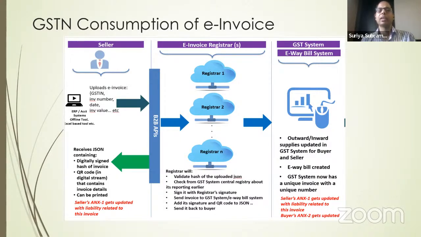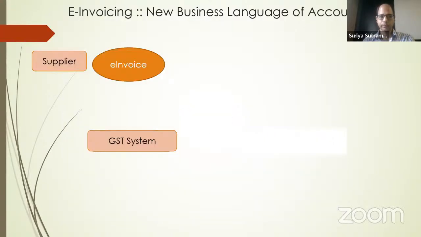So within that time, it will automatically be there in the GSTR1. Further, automatically it goes to the recipient's GSTR2A. And later, if you file your returns, it will also go to the recipient's GSTR2B. So this is the end-to-end workflow of e-invoices from the supplier all the way to the GST portal.